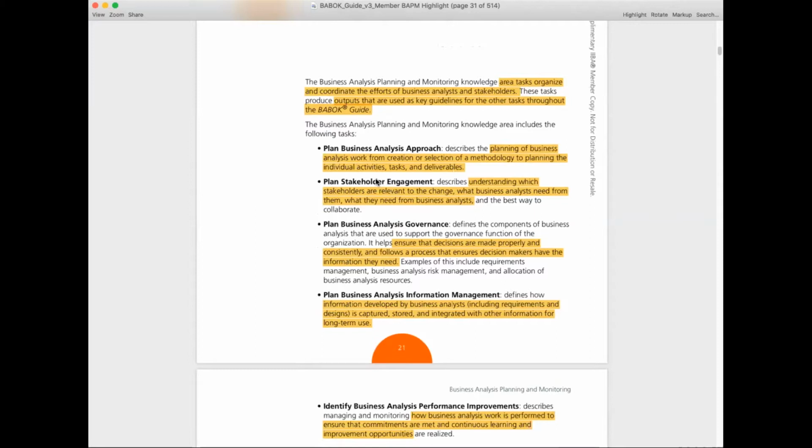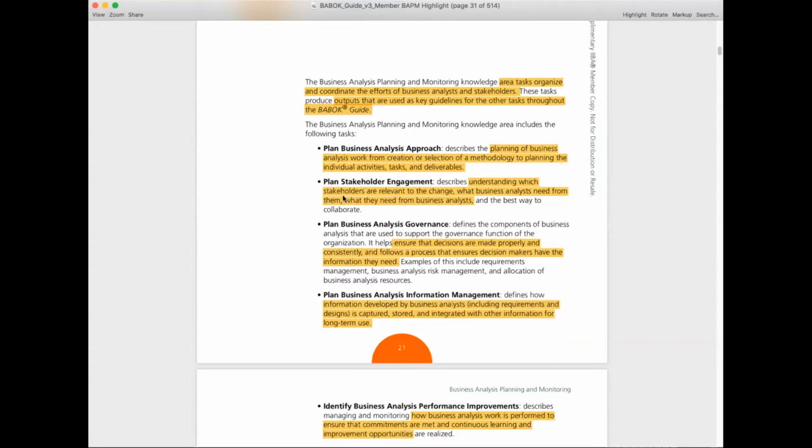BABOK refers to this as an approach, but for the exam, you might see it come across as a plan. So this basically describes the planning of business analysis work from the creation or selection of a methodology to planning the actual or individual activities, tasks, and deliverables.